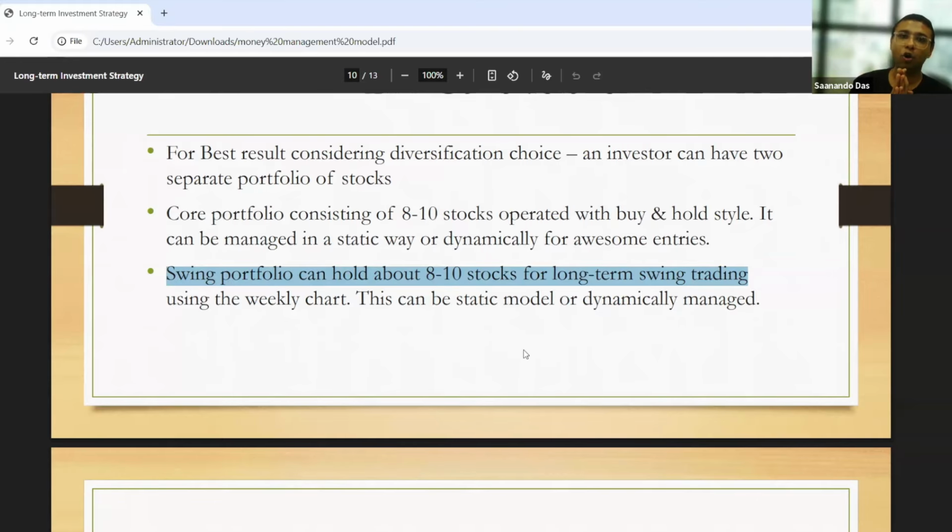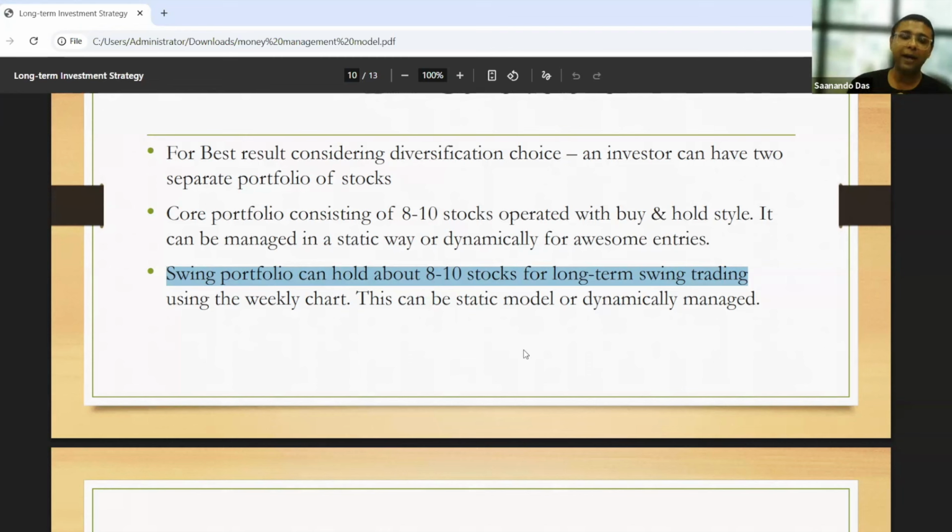So best practice observed across the globe by important fund managers and traders is to have 8 to 10 stocks in one stock portfolio. So the core portfolio will have 8 to 10 stocks from 4 to 6 different industries or sectors, and your swing portfolio can also have 8 to 10 stocks from 4 to 6 sectors.